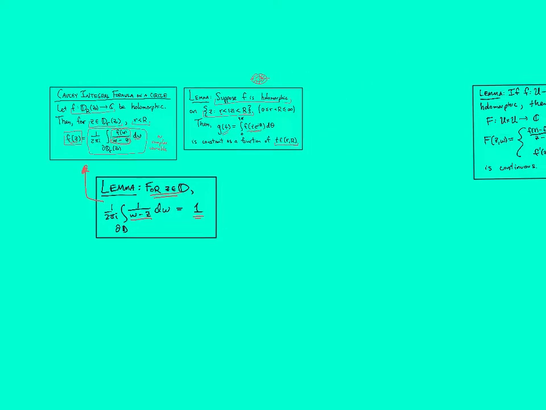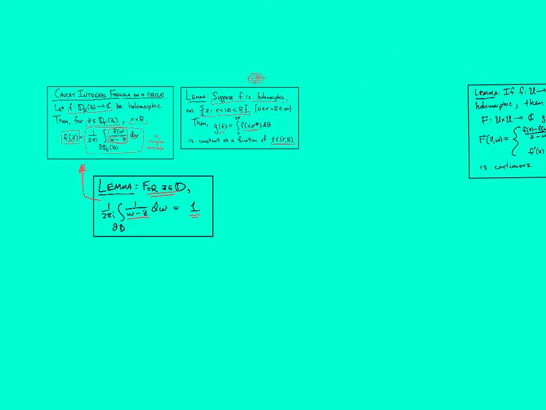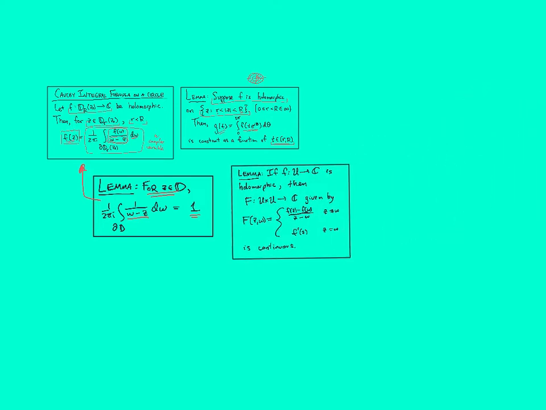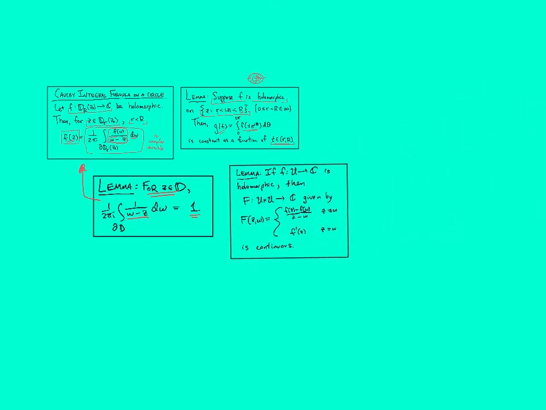What's the other ingredient we need? This is something about the difference quotient function.